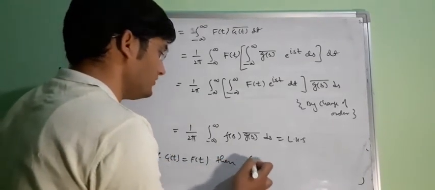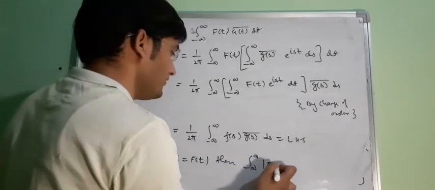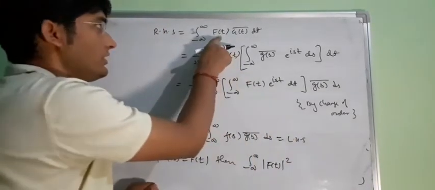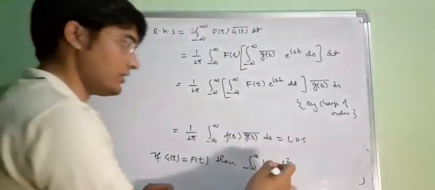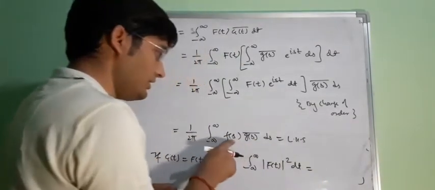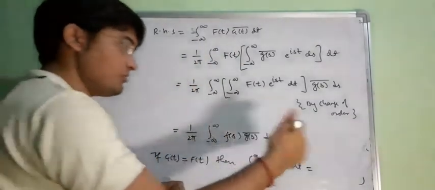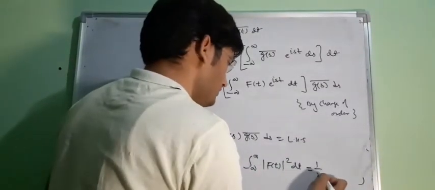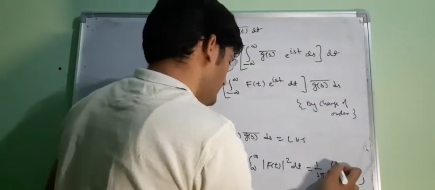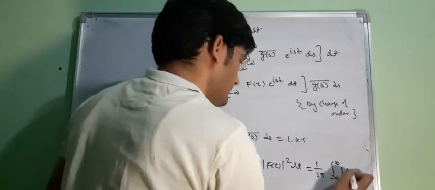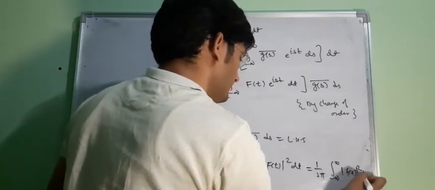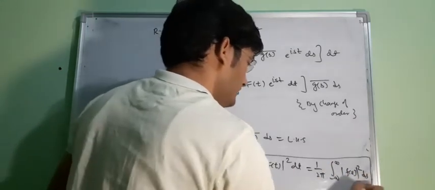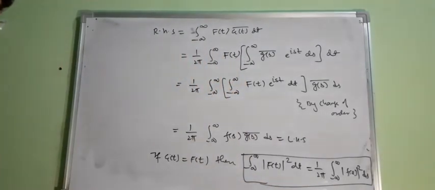That means the integral from minus infinity to infinity of the modulus of f(t) squared. Now this will be a into a conjugate, that means mod a squared. Here again we will get a into a conjugate, that means modulus a squared. So this will be 1 upon 2 pi times the integral from minus infinity to infinity of the modulus of f(s) whole squared ds. So this is the second Parseval identity.